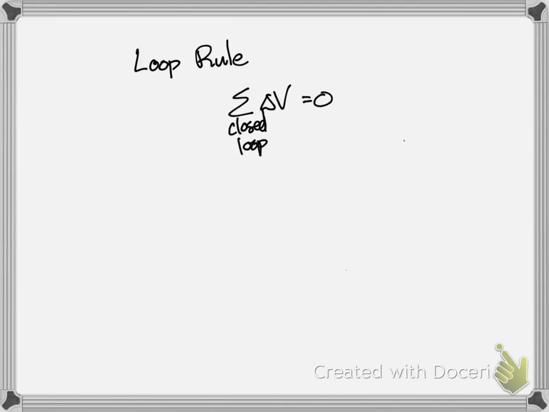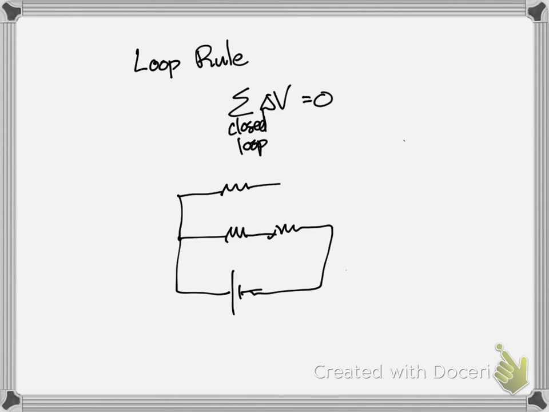Regardless of what kind of circuit you have, let's take the same circuit I drew, two resistors in series in parallel with one. If we sum the potentials around any closed loop, then they must equal 0. So for instance, the battery gives us a positive potential. If we go in that way across the battery, we go from negative to positive, so we get a plus delta V.